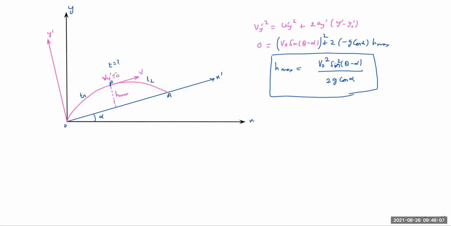Or you can think of common sense. This is the actual path, right? Can you say that this journey will take the same time as this journey? It's like a random arc of the parabola, right? So how can we say that this time will be the same as this time? There is no meaning in it. This is not even symmetrical. This diagram is confusing. If you draw a proper parabola and it is symmetrical, then we can say this time is the same as this time.